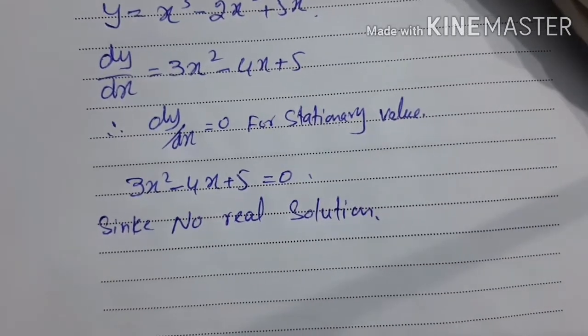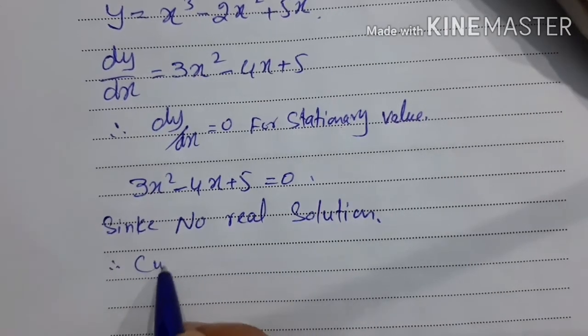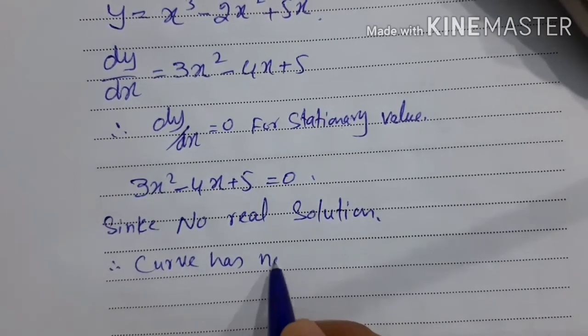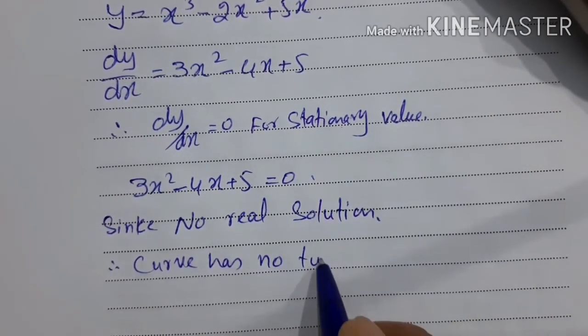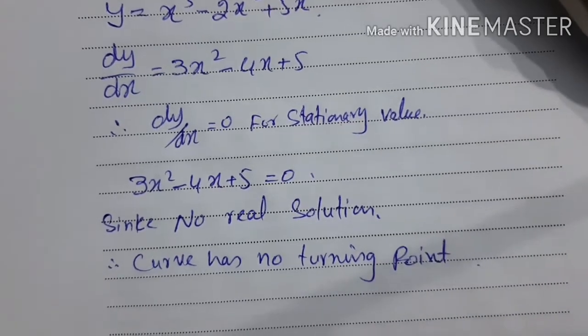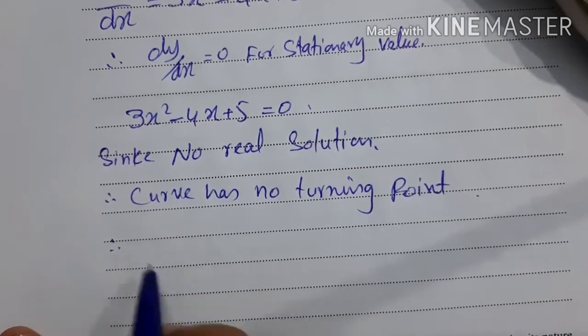So that's why, therefore, there is no real solution. Therefore, the curve has no turning point. So if the curve has no turning point, it means the curve has no stationary value.